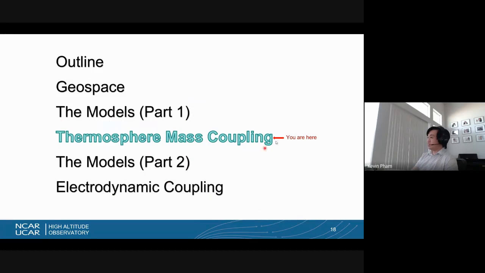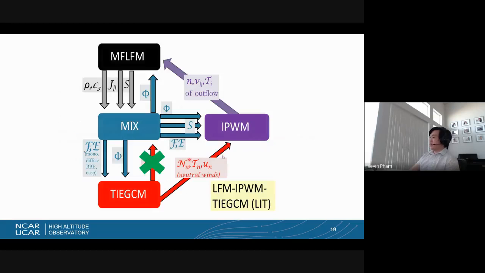We're going to isolate this new mass coupling. I'm calling it a mass coupling because what we're doing is passing the additional mass from the ionosphere to LFM. The way to isolate it is to simply close off this conductance pathway. So rather than TIGCM providing the conductance to MIX, we're just going to have MIX provide its own conductance.